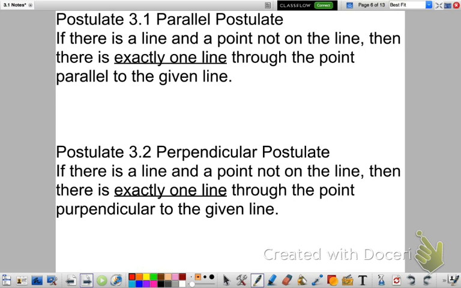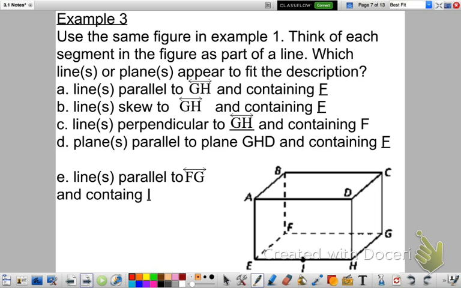Okay. We want to name a line that is parallel to GH and contains point F. A line parallel to GH and containing F would be line EF, right here.